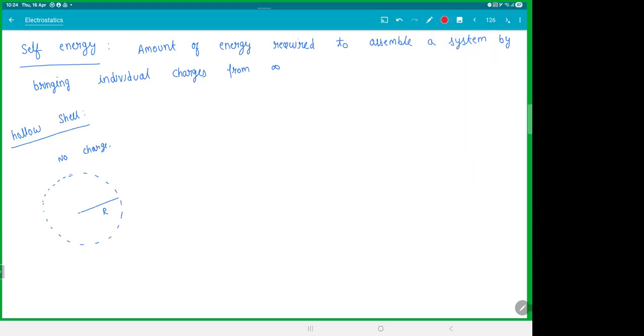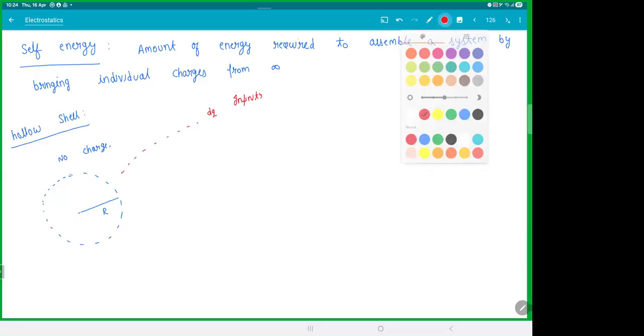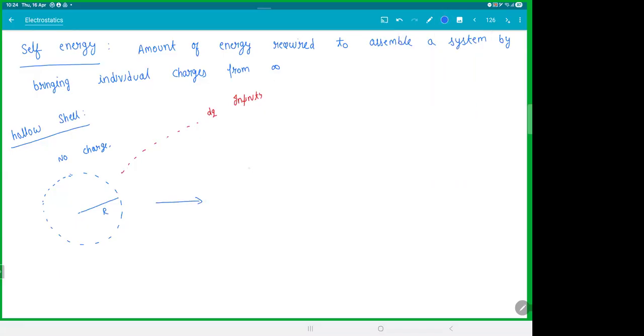Great. Now what you did, you started bringing dq charge from infinity. You brought this charge and you started spreading it on the surface. Think of it like you're just sprinkling it. When you did that, the shell started getting some charge. So you got some plus q charge, radius r.